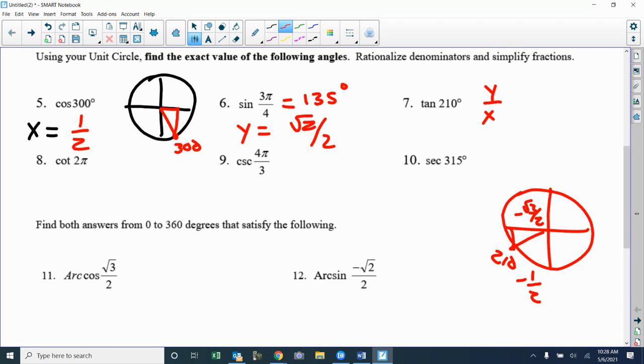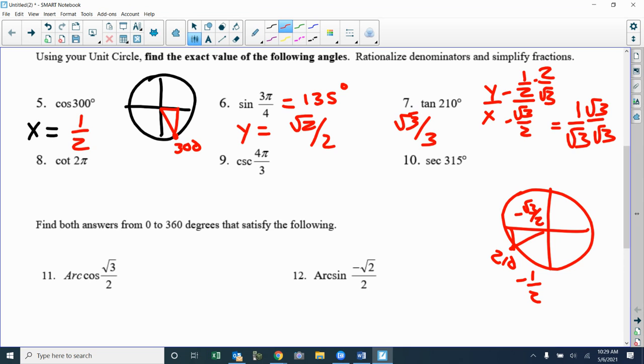So we're going to have negative 1/2 divided by negative square root of 3 over 2. When we invert, both negatives will cancel. You really end up with 1 over the square root of 3, which you'll need to rationalize. So you end up with the square root of 3 over 3.